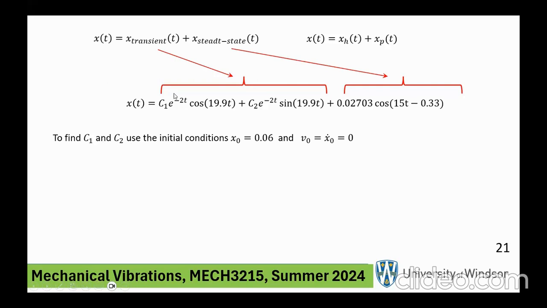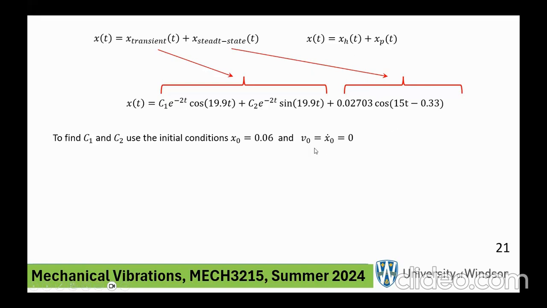So to find C1 and C2, what we're going to do is force it. In other words, you plug in t equal to 0 in this expression, and we get a value. Notice that the steady state part plays a role also, because when you set t equal to 0, it is part of the game. Then you differentiate it and set t equal to 0.